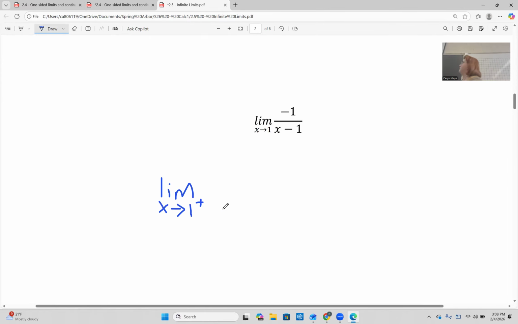What types of numbers near 1 would we be looking at? Bigger numbers near 1 or smaller numbers near 1? Bigger, things that are bigger than 1. So our 1.1s, our 1.001s. Okay, so if I take 1.01 minus 1, is that a positive or negative number?